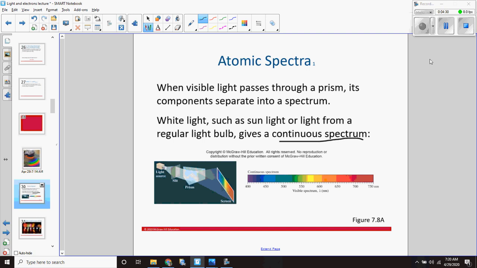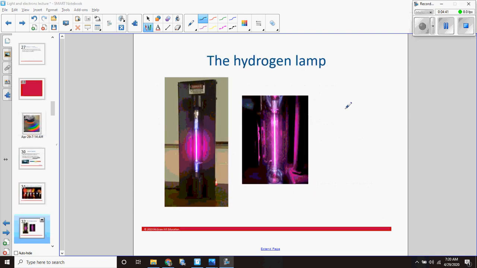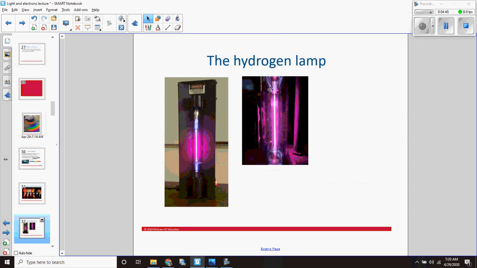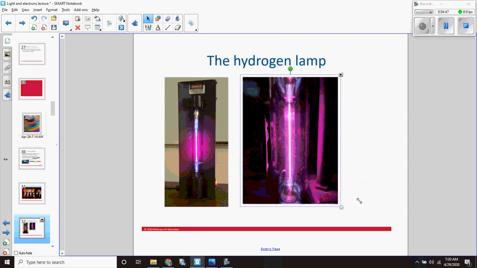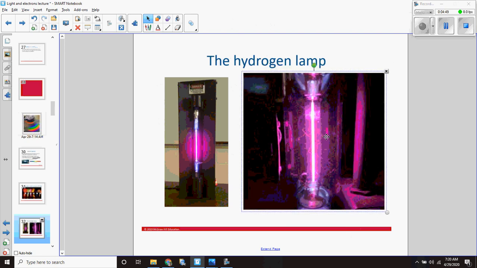And then you put a lot of electricity through it. And it turns out that when you put a lot of electricity through a certain gas, it will actually give off light. So let's show you a picture of that. This is what's known as the hydrogen lamp, and this is what you would have seen literally if we were doing this in a classroom.